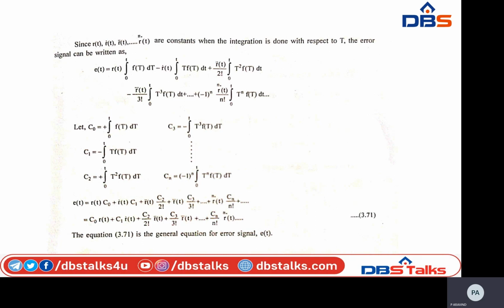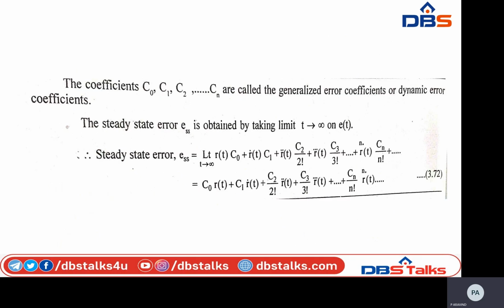So now we have the general equation for error signal e of t, with coefficients c0, c1, c2 and cn. Here the coefficients are called generalized error coefficients or dynamic error coefficients.